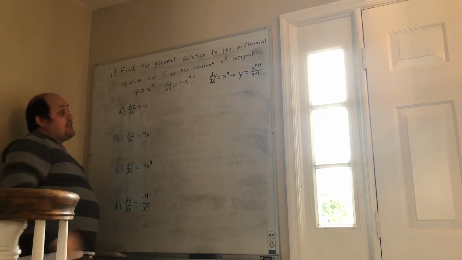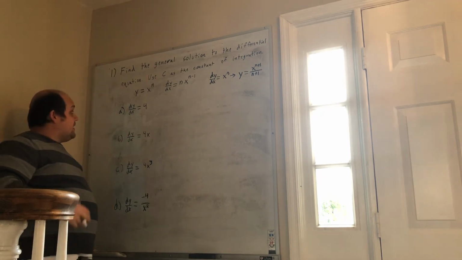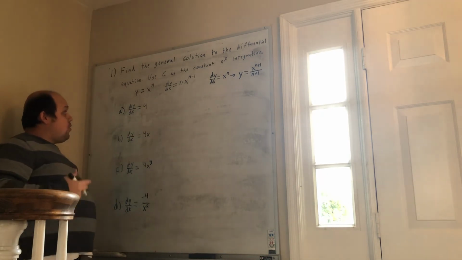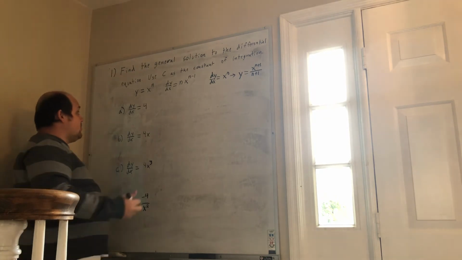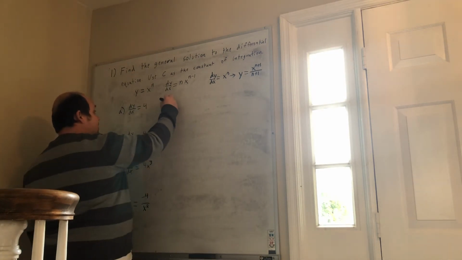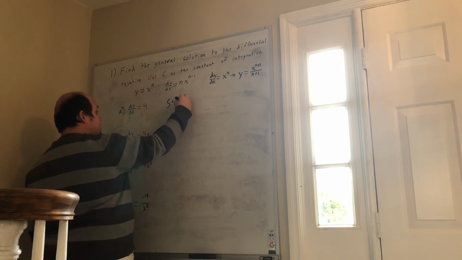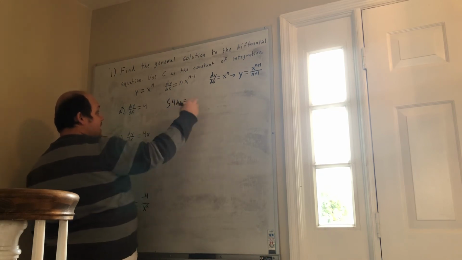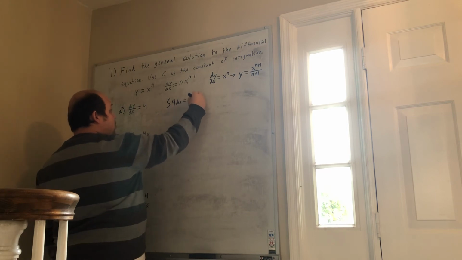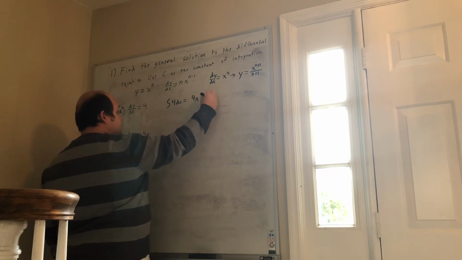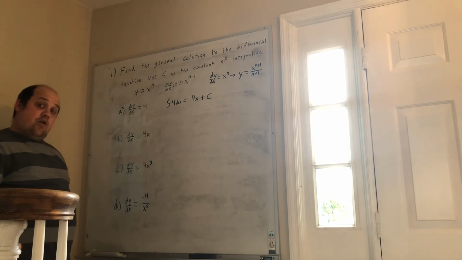The first question on this class worksheet asks you to find, if dy/dx equals 4, what does y equal? So really what I'm doing is integrating 4 dx. When I do that, it becomes 4x plus c. Two things going on here.